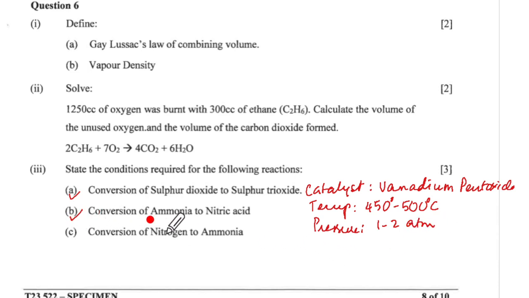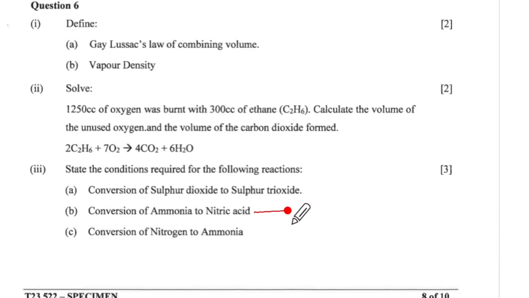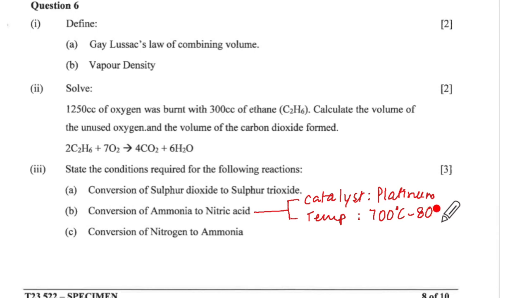Now we come to the next one, conversion of ammonia to nitric acid. For this again we will have catalyst is platinum and the temperature is 700 degrees C to 800 degrees C.